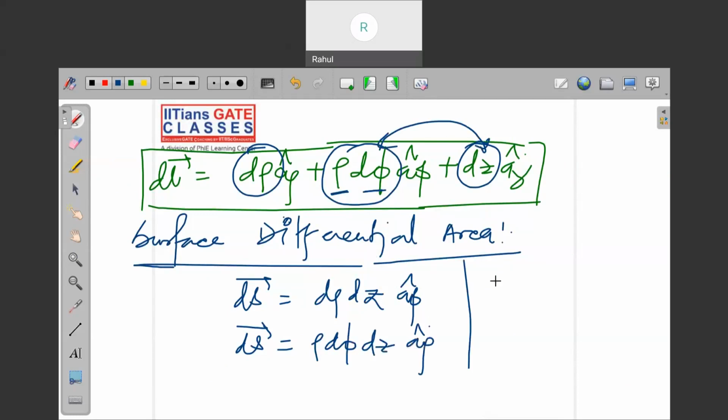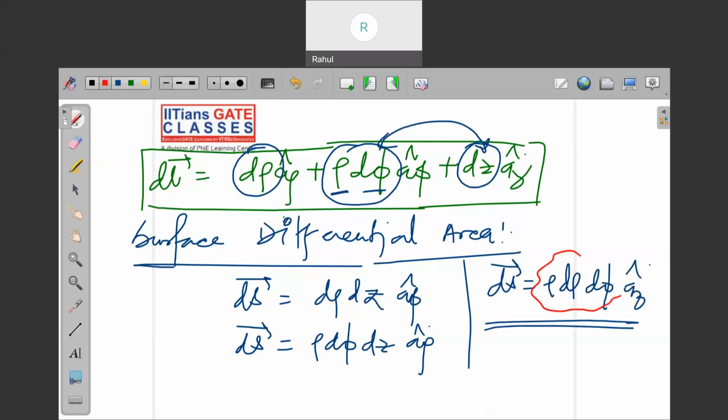And ds can also be written as rho d rho d phi, where what is constant is az cap. You might have seen this whenever you compute a double integral, using rho d phi, or rho d phi dz, or d rho dz.